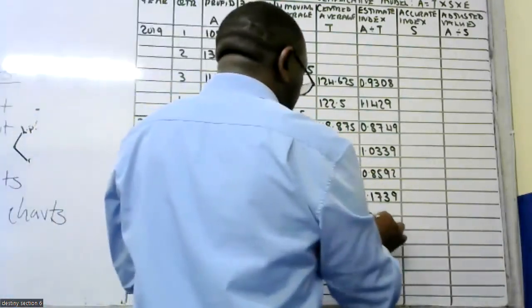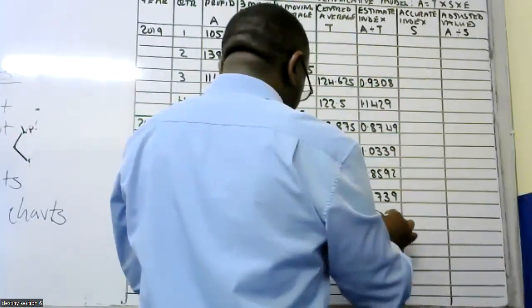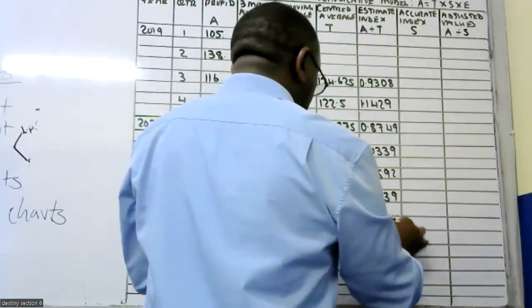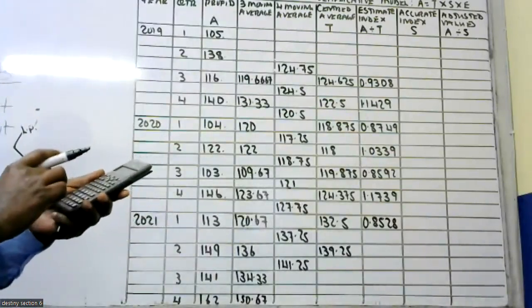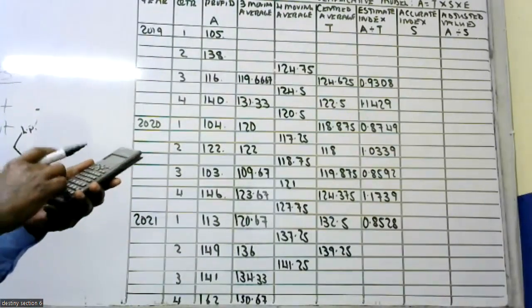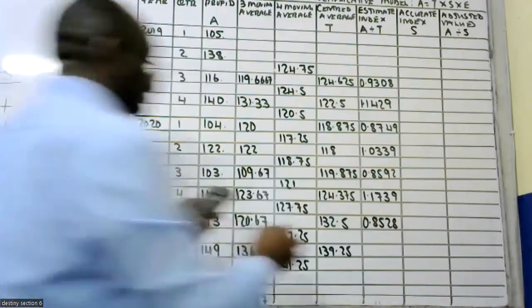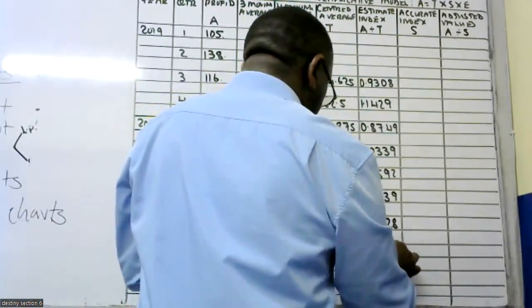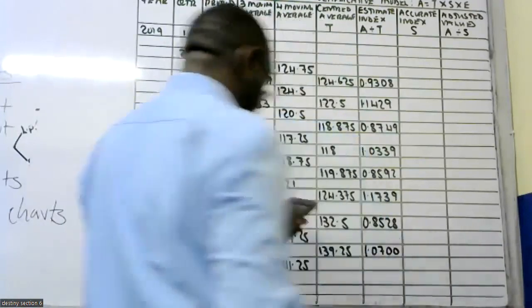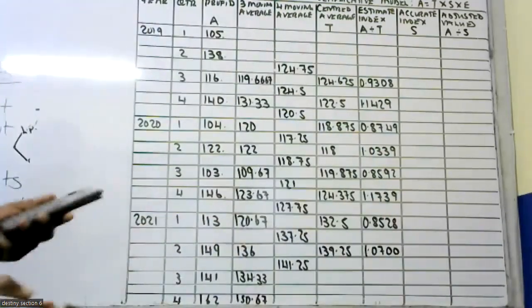We have 0.8528. 149 divided by 139.25 is 1.0700. Yeah, that's all.